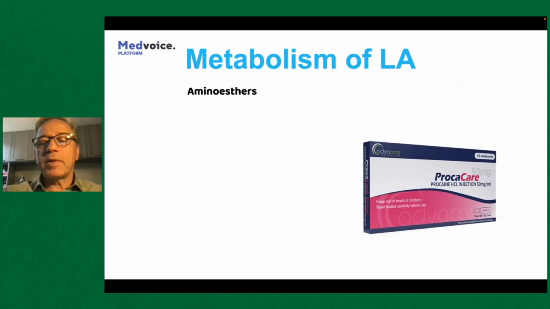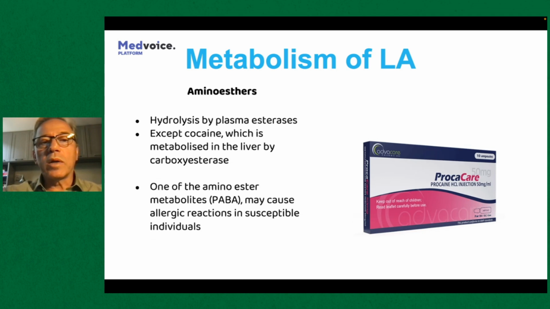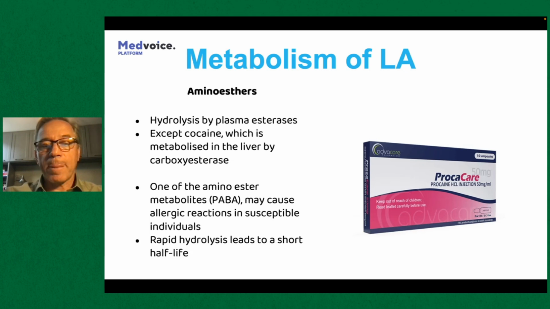Okay, metabolism is different between amino esters and amino amides. With amino esters, they are hydrolyzed by plasma esterases, except cocaine, which is metabolized in the liver by carboxyesterase, a different enzyme. And one of the amino ester metabolites, para-aminobenzoic acid, PABA, may cause allergic reaction in itself in susceptible individuals.